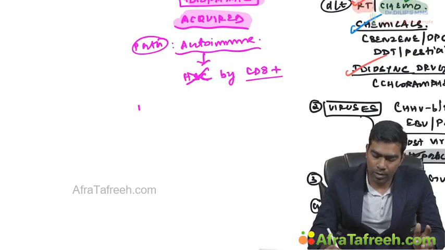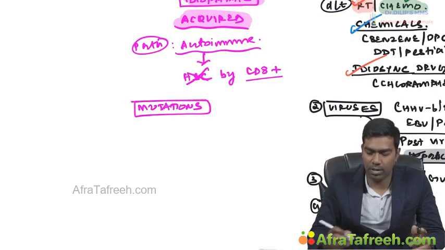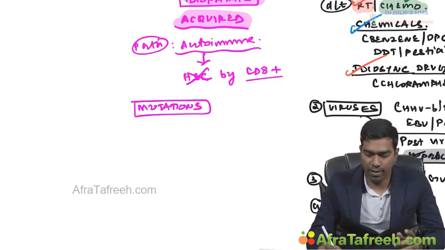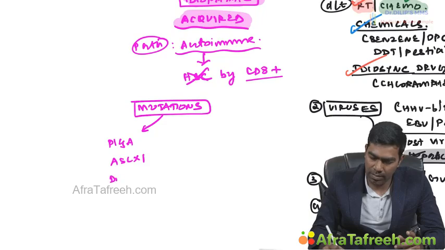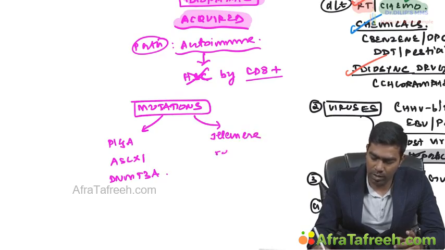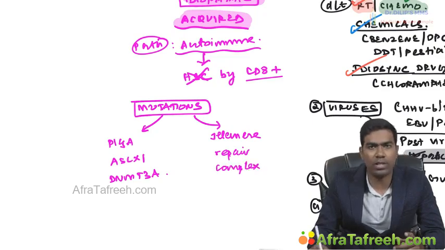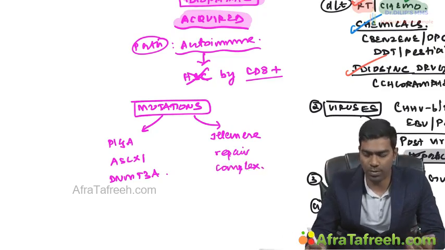So next thing, are there any mutations that are present? There are 2 types of mutations. One is PIGA, ASXL1, and DNMT3A, and the third one, the telomere repair complex. Certain cases, mutations will not be seen at all, so no known mutations will be there, but still.